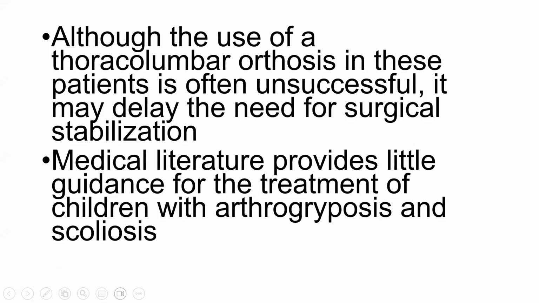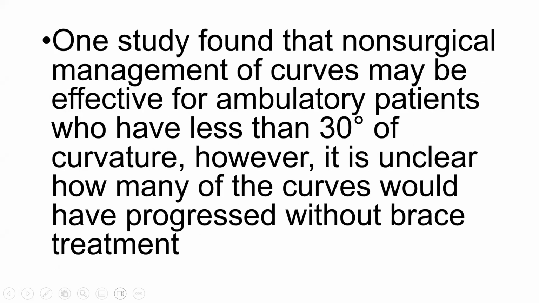Medical literature provides little guidance for the treatment of children with arthrogryposis and scoliosis. One study found that non-surgical management of curves may be effective for ambulatory patients who have less than 30 degrees of curvature. However, it is unclear how many of the curves would have progressed without brace treatment.